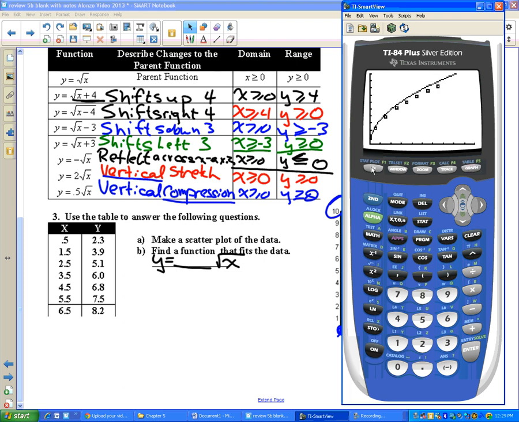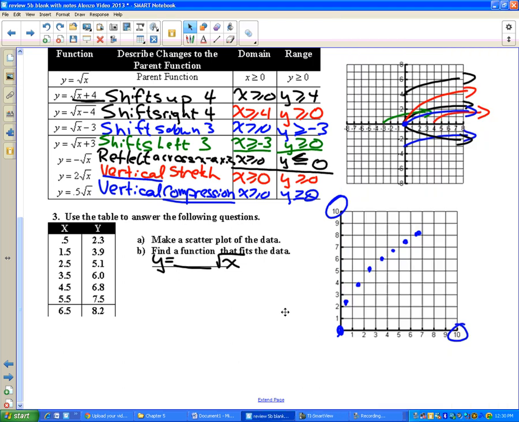Well, 3.5 was too big. So let's try 3.2. That looks like that's it. So that tells me that it's Y equals 3.2 square root of X, and that's going to give me a line that pretty much did that.